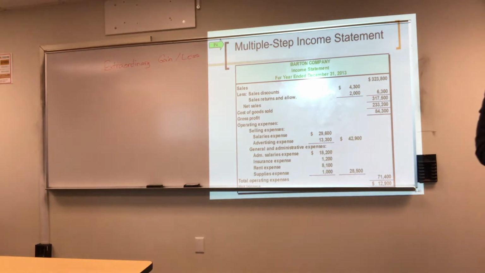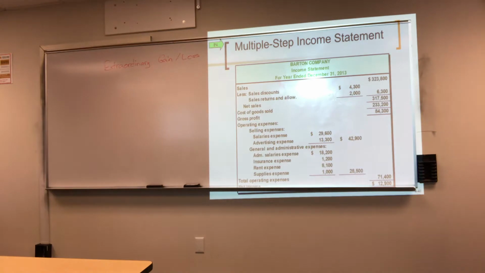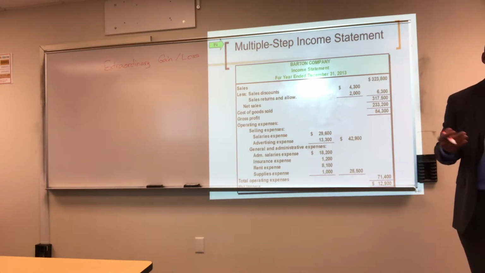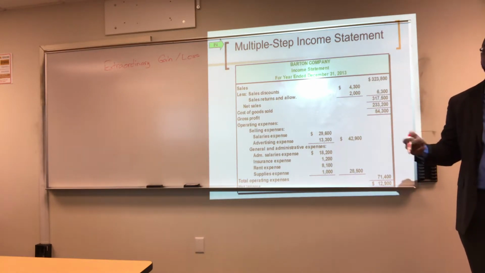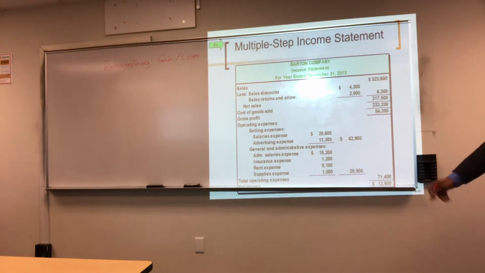And on the other side, an extraordinary loss would be maybe a natural event, like a hurricane damaged the roof of your building and you had to repair it. That's not an expense that you're always going to incur, but it is a one-time expense. Everybody with me? So that will go after the operating expenses.